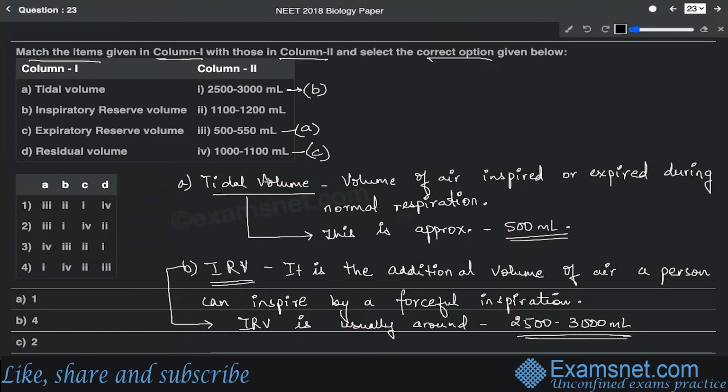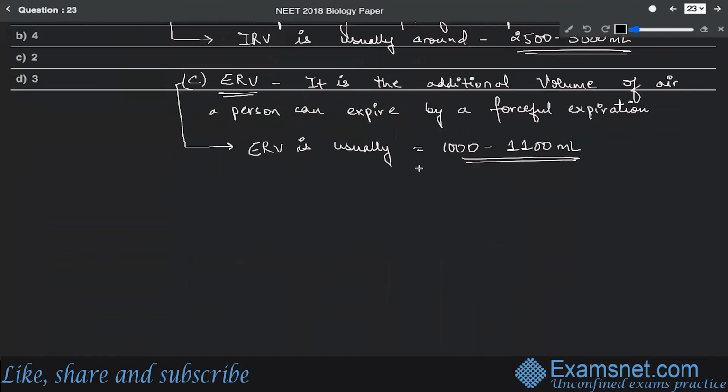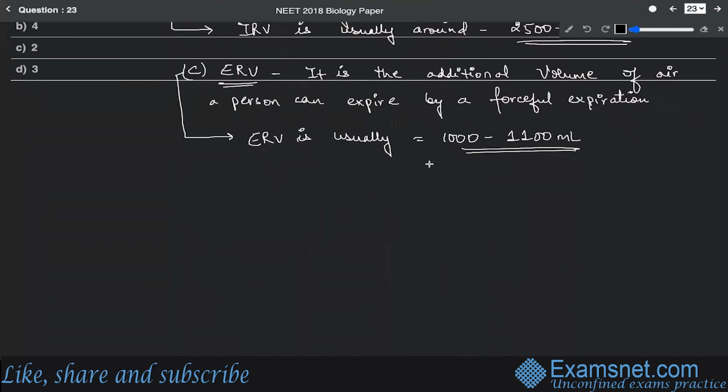And the last is residual volume. Residual volume is the volume of air that remains inside the lungs even after forceful expiration.